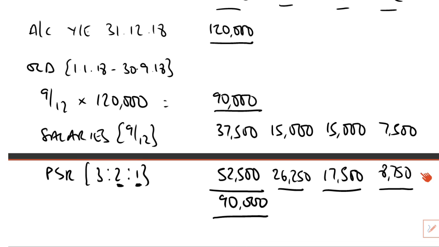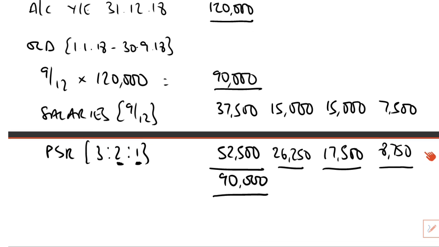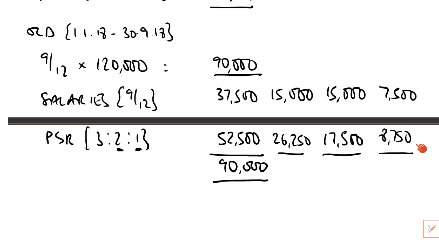So the first part of the accounting period, up to the date when partner A left the partnership, 9 months of 120, old agreement salaries, old agreement PSR. What therefore have we now got? We have got, for partner A, which is up to his date of cessation, of course, 15,000 plus 26,250, that's 41,250.